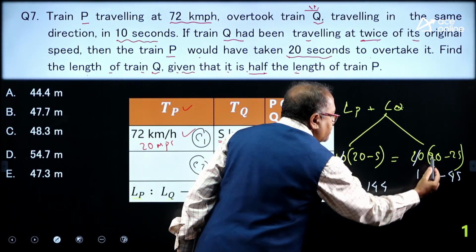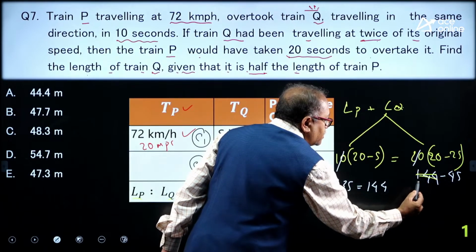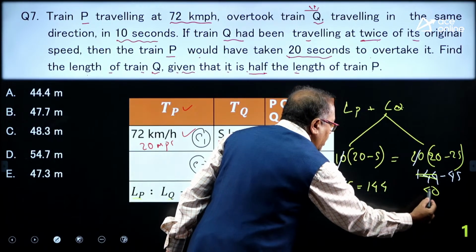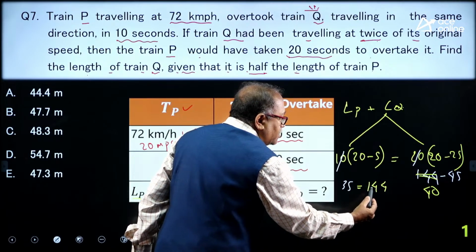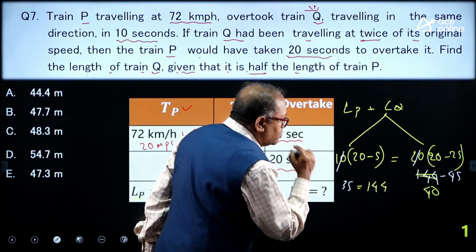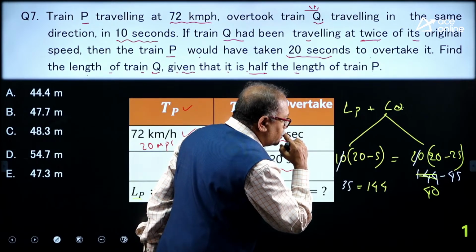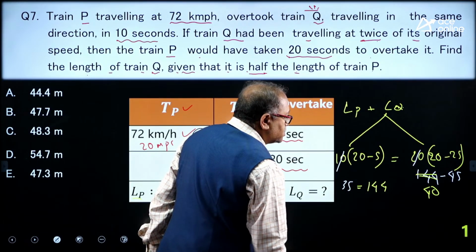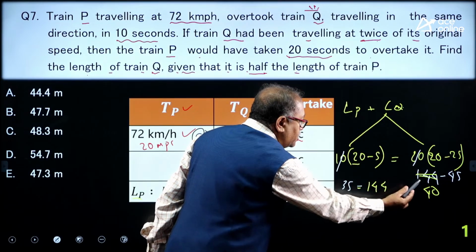So if it is 20, then that comes 40 over here. 20 into 2 is 40. Now what will be 3s? 3s is equal to 20, this 20 goes to the other side.